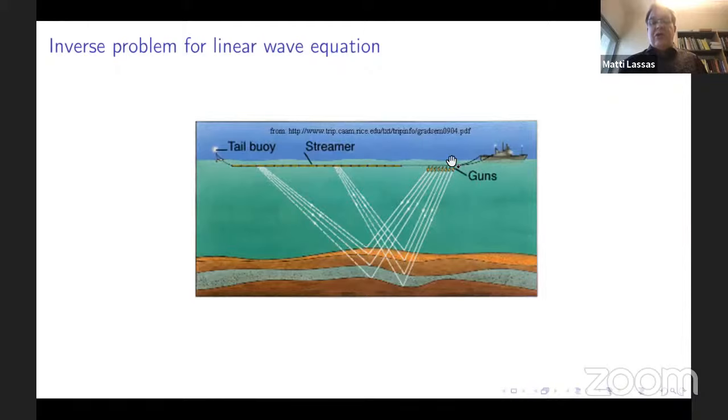We have sources close to the boundary. These are so-called air guns. There's a huge container that is full of air. When it opens rapidly, water rushes in and produces a strong sound wave that is propagated. And then there are microphones where you measure these reflected waves.